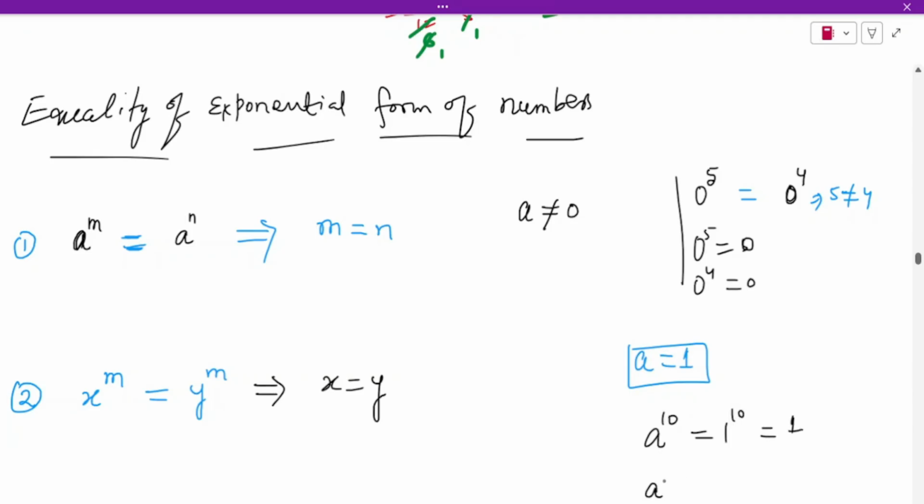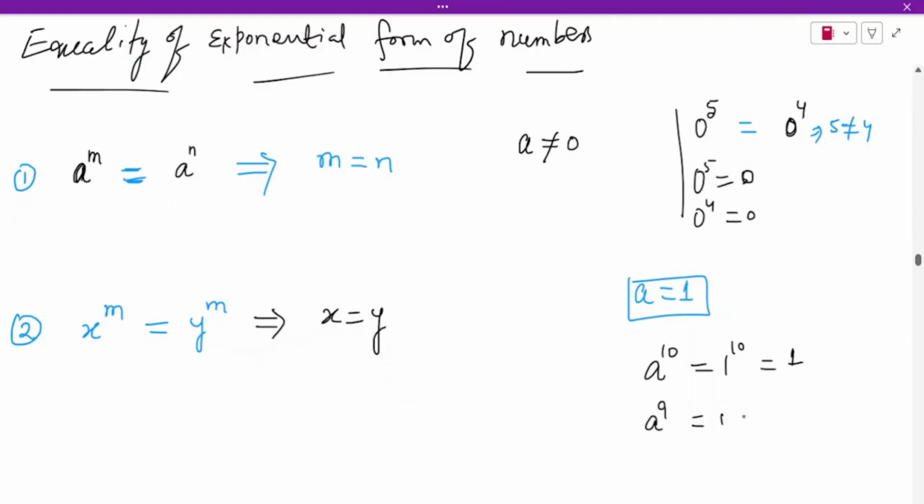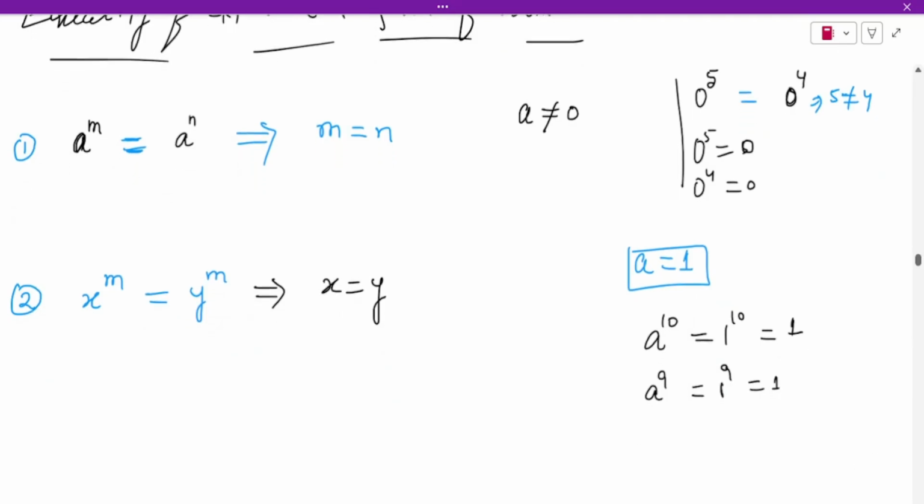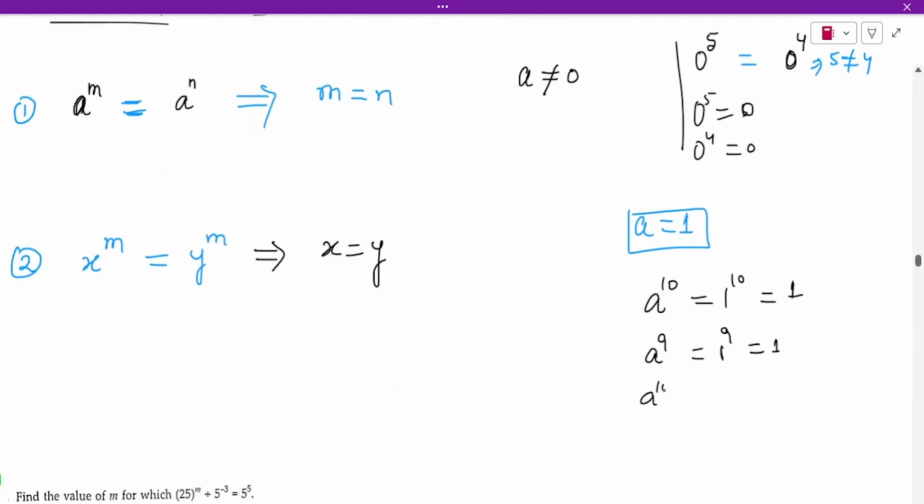And if we are taking a to power 9, which is also going to give 1 to the power of 9, which is equal to 1. So both values of a to the power 9 and a to power 10 are equal, but the powers 9 and 10, we know that these two are not same value, right?